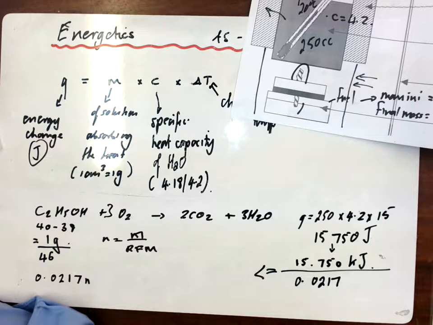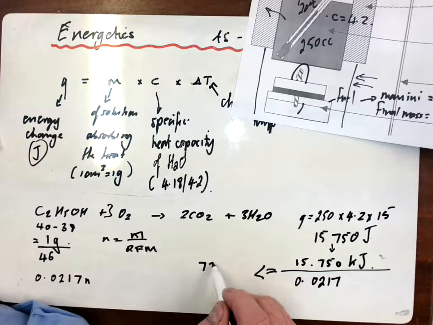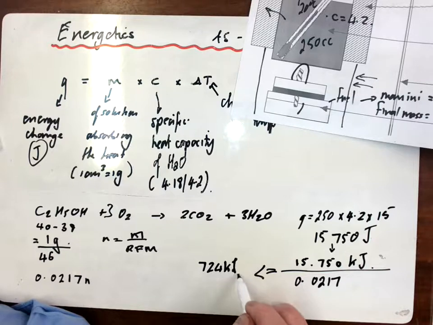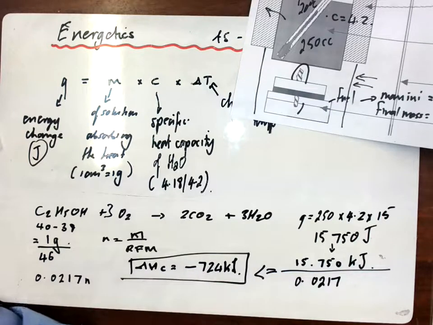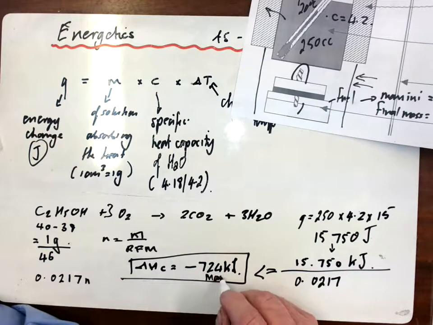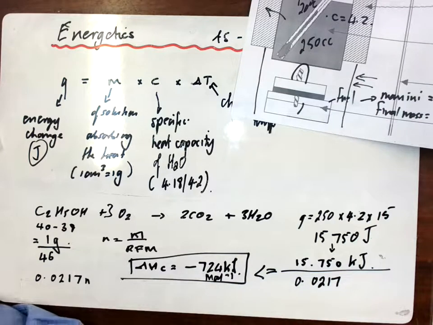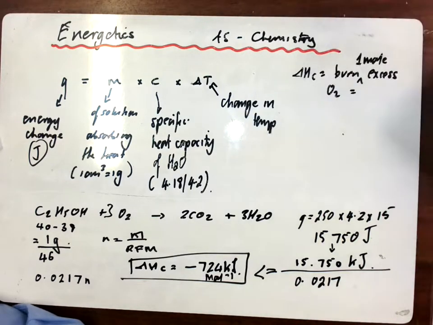And therefore we divide it by the moles of ethanol. So that is 724 kilojoules. Okay, and obviously the temperature has gone up here and it's combustion. So our final answer, which would be our delta HC, is 724 kilojoules. Sorry, I need to write that on. Per mole. It's per mole of the ethanol, obviously, because that's what you're burning.